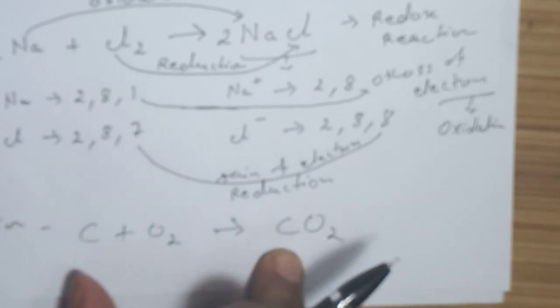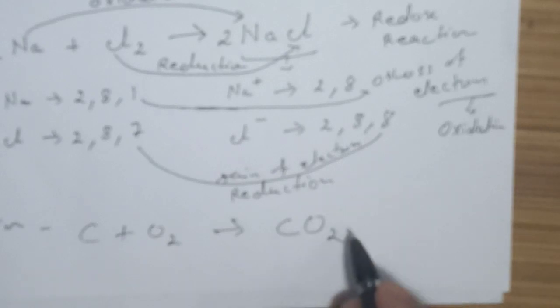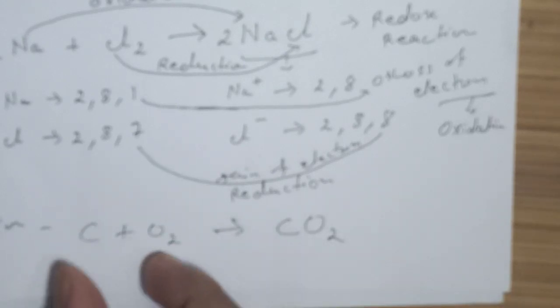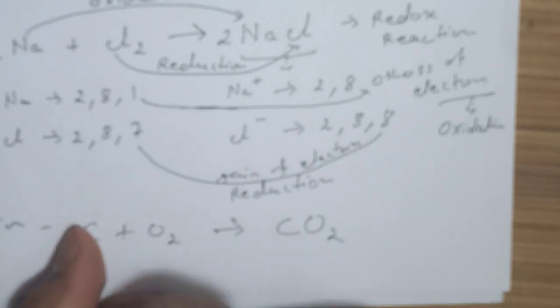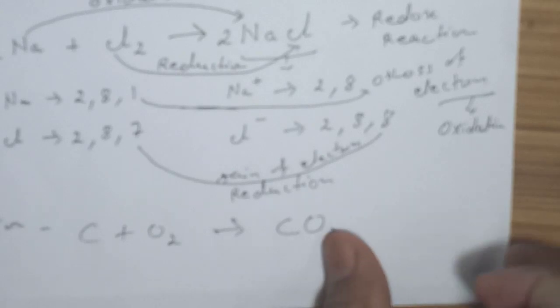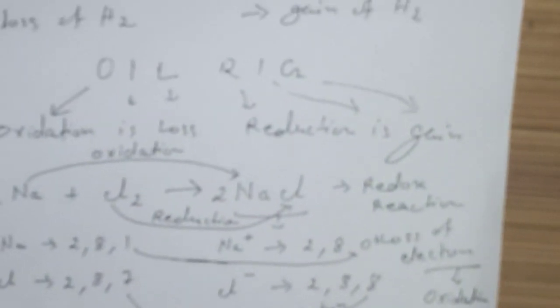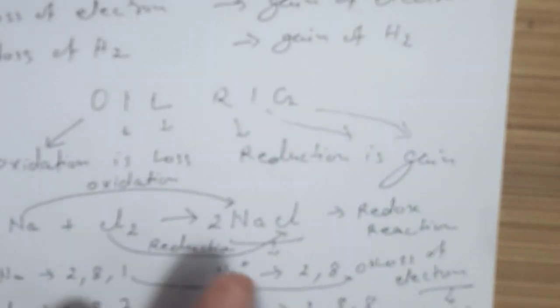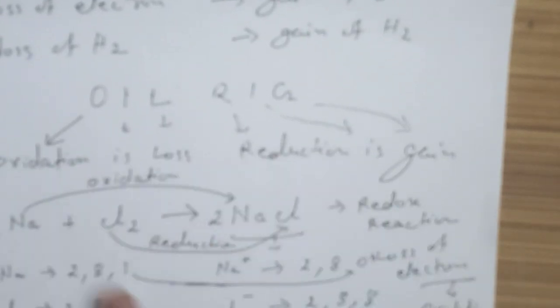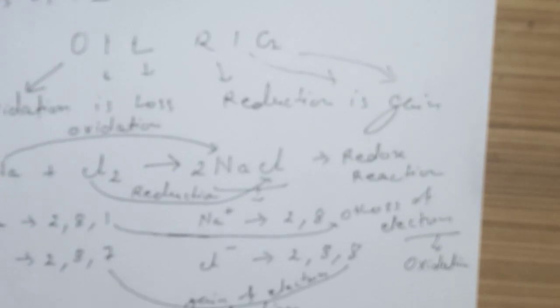If oxygen is present and it's been added, it's a gain of oxygen, which is also oxidation. But even if oxygen is not given, oxidation can still happen, and that's clear from this.